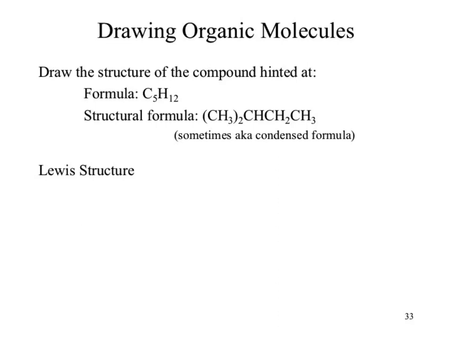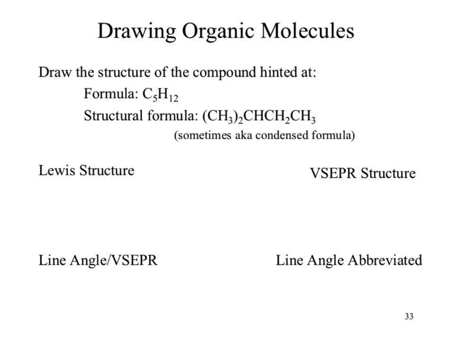Okay, we at least acknowledge that there's pieces, but we don't see how they're really connected with respect to each other. So we might jump all the way to a Lewis structure. A Lewis structure is going to show all of the atoms and bonds, including all the carbons and hydrogens. There's lots of carbons and hydrogens. The VSEPR structure is now going to layer on wedges and dashes so we can see where all those are in three-dimensional space.